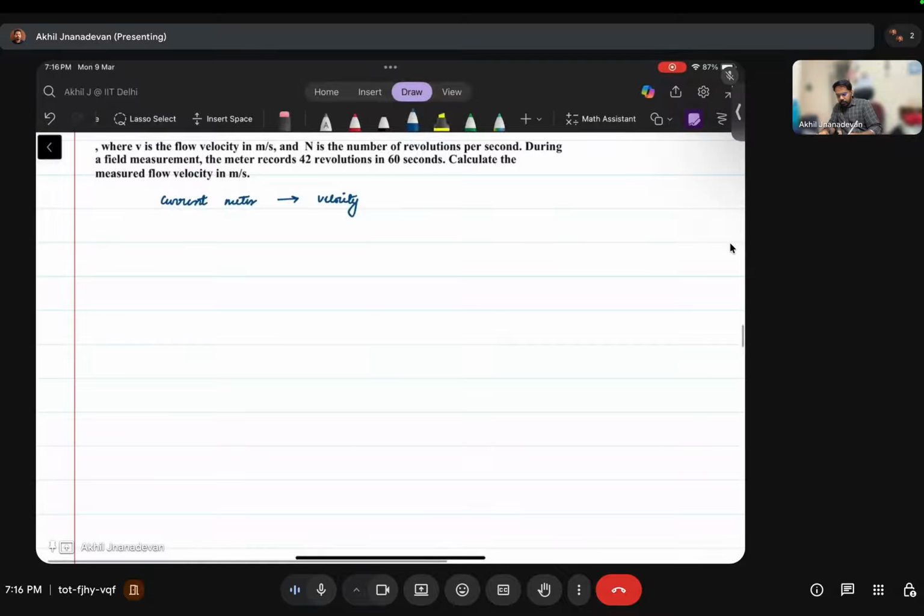It will have a suspension cable, so it will be suspended from a fixed support. We will have a cable, and it basically has an axle, and will be connected to what we call a vane.